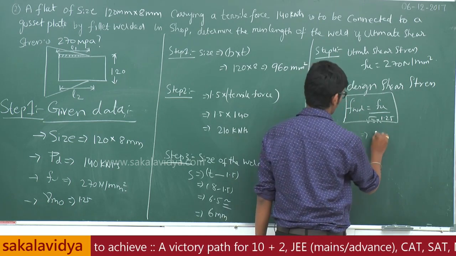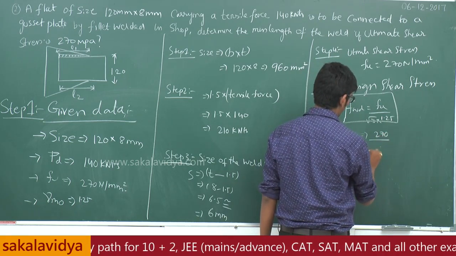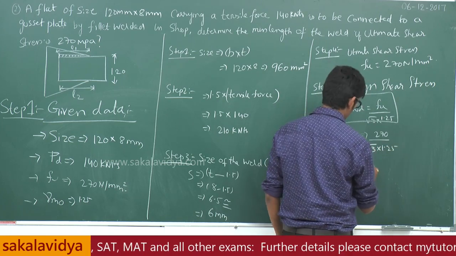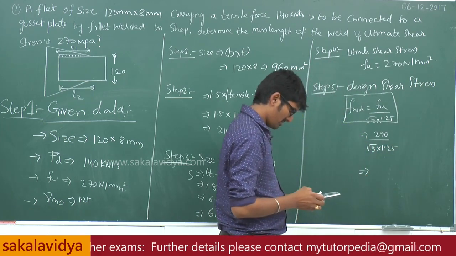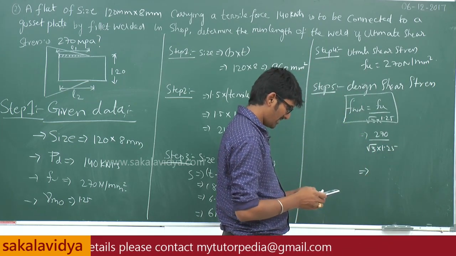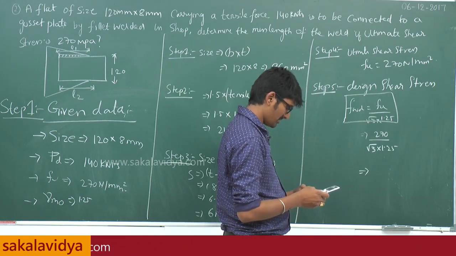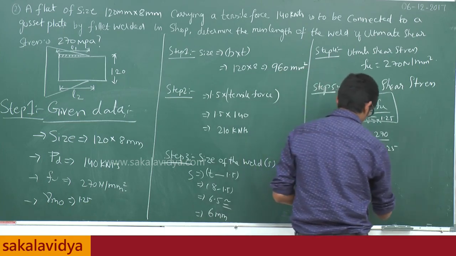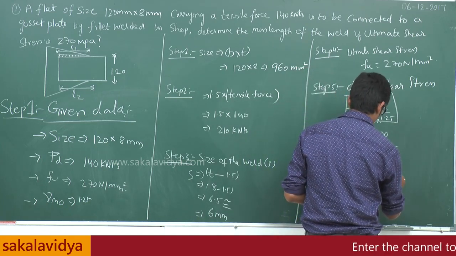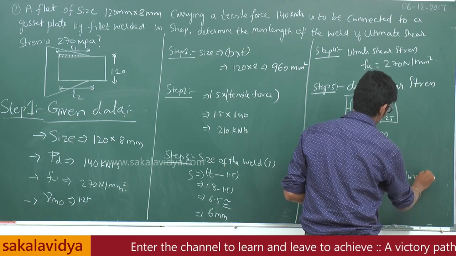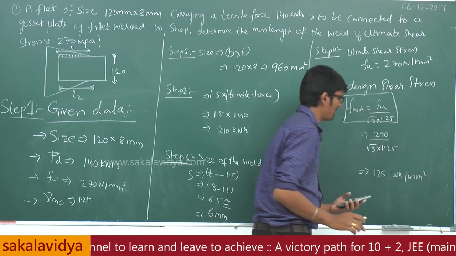What is Fu? 270 divided by root 3 into 1.25. So what is the answer? It is 125 Newton per mm square.